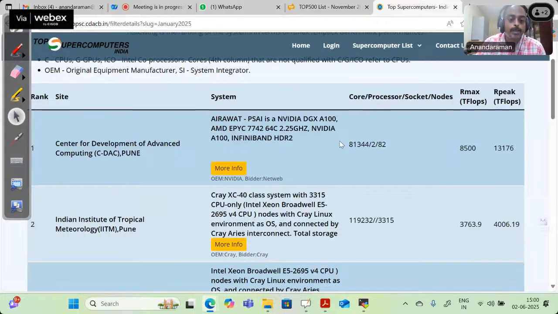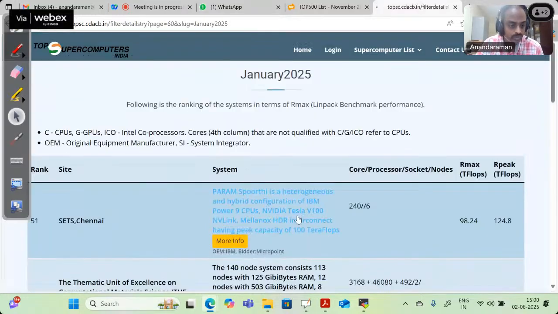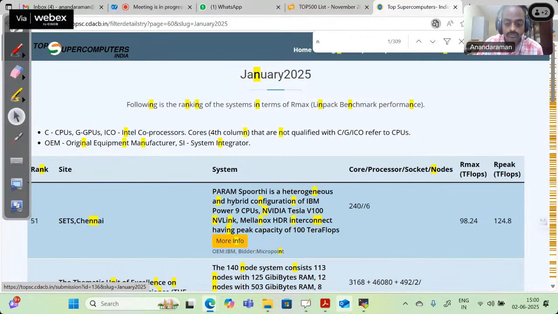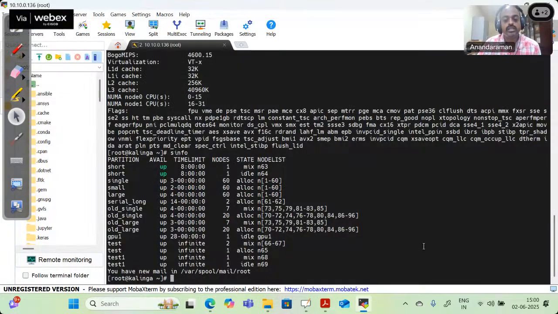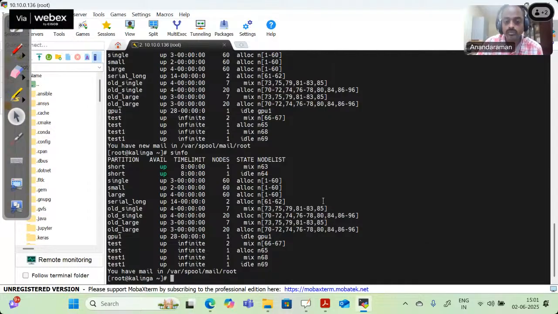Here I'm just showing one cluster. Ours is now almost a 7-year-old cluster. Maybe we would be around the 60th position or something. Okay, no issue. This is a cluster with 100 nodes, N1 to N60 here. The allocated nodes are all running jobs now.